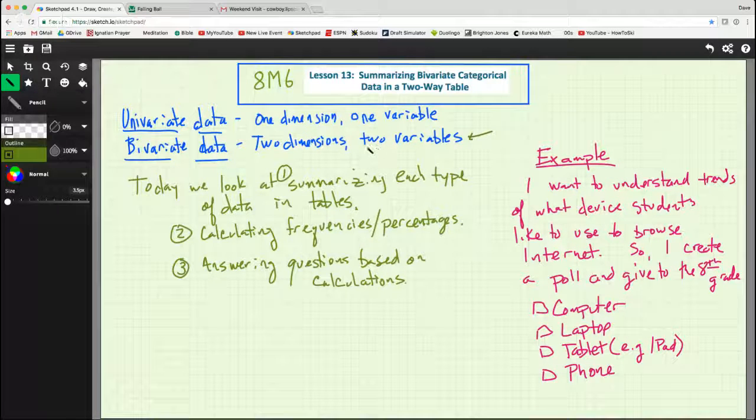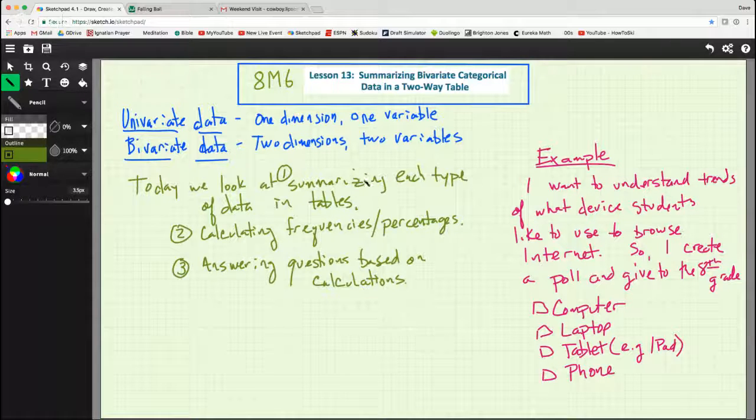We've done a lot of that when we've done our XY graphing, when we've talked about time and distance, where after a certain amount of time, we've gone a certain amount of distance. That would be bivariate data. We're going to start off right now with univariate data and putting that in tables, and then we're going to move on to bivariate data today.